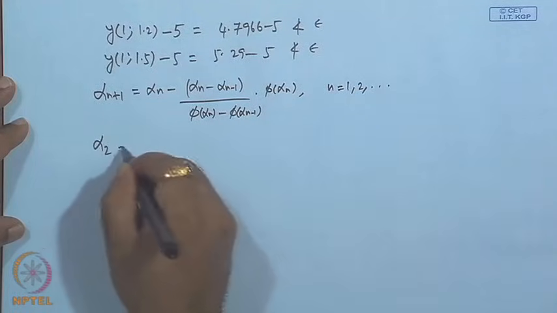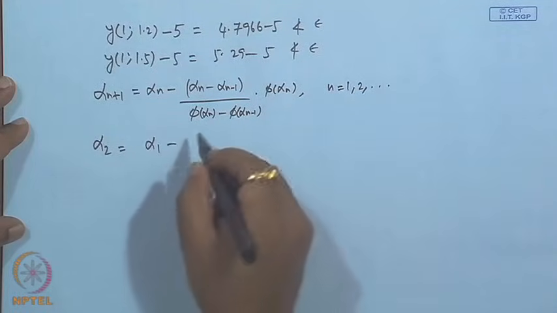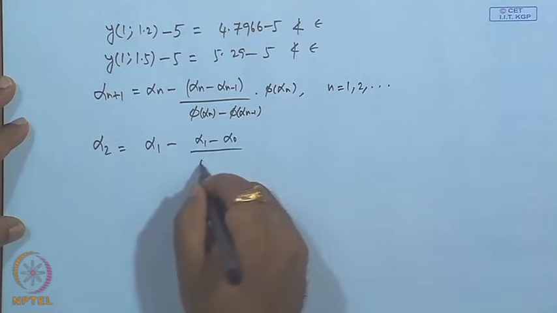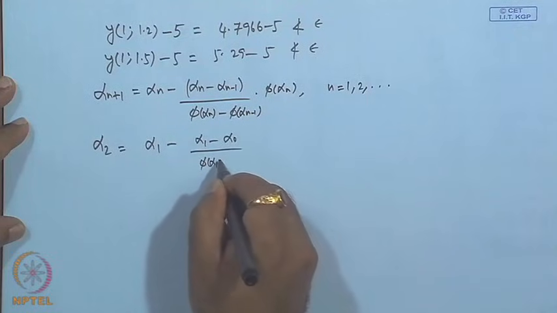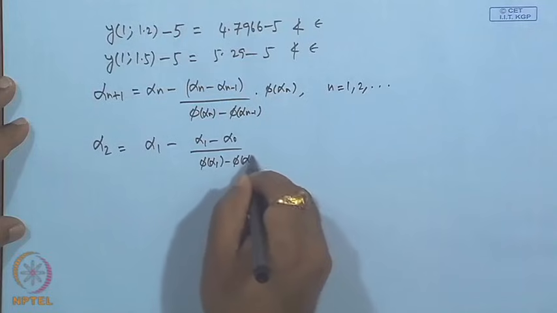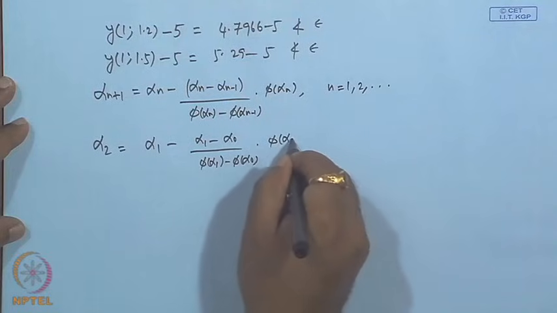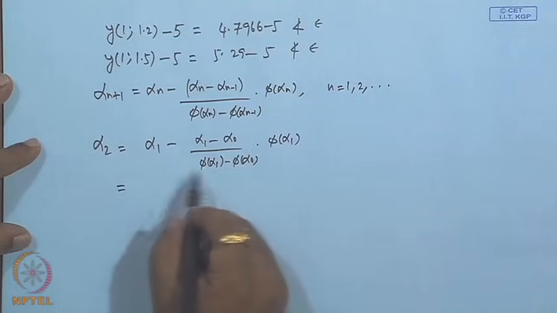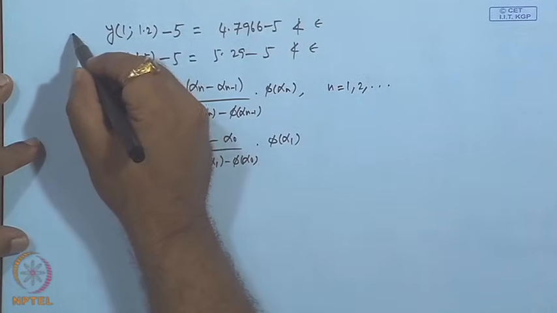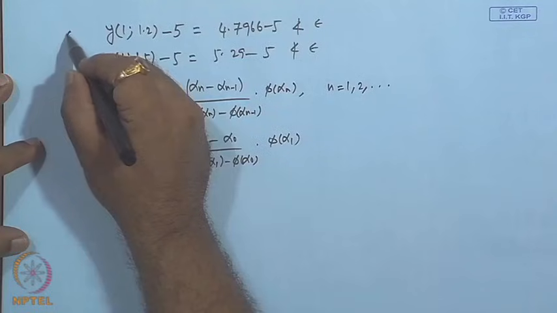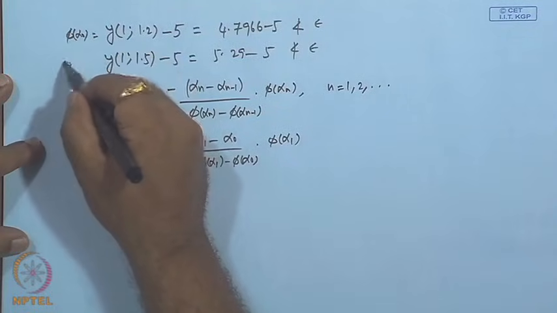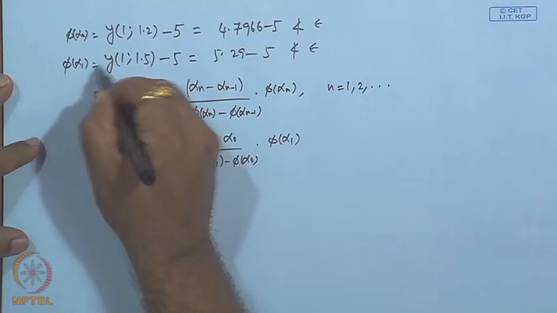So, alpha 2 is alpha 1 minus... these are essentially our phi of alpha 0 and phi of alpha 1.